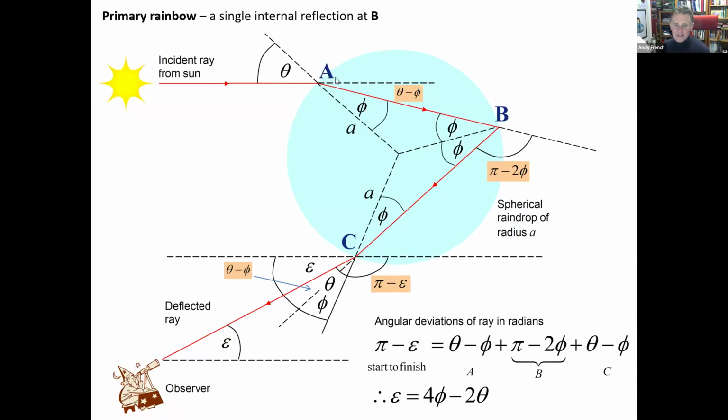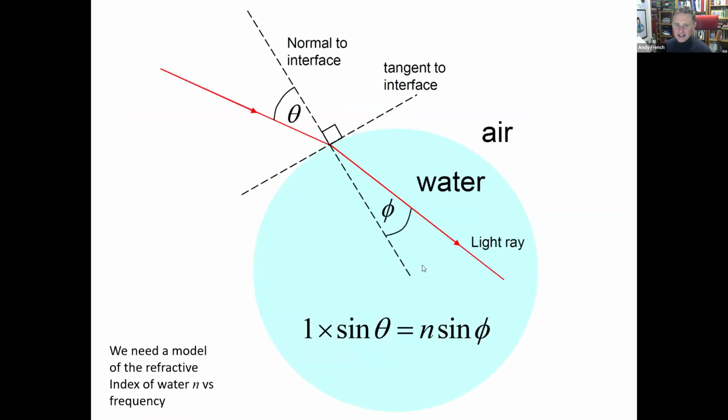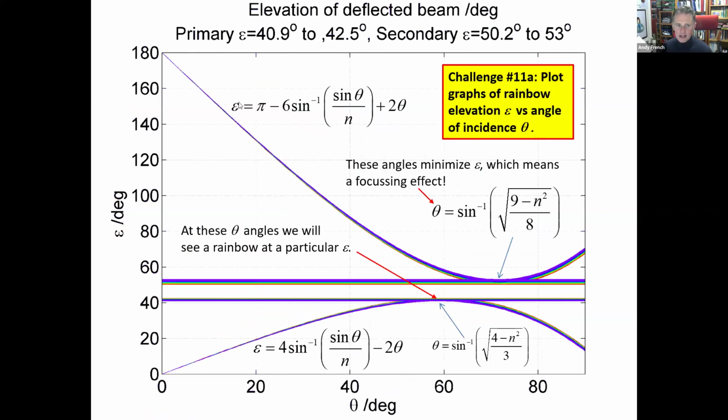If you plot epsilon versus theta, this is for the double rainbow, you get 2 bounces, you get some graphs. So you have to use the refractive indices, because it does vary with color. And what you do is you get the elevation angle versus your angle of incidence.